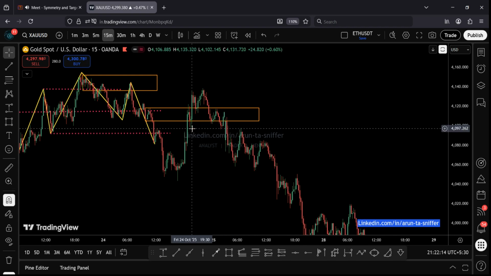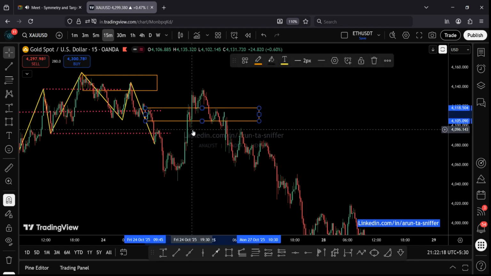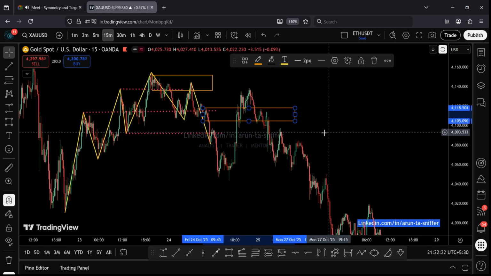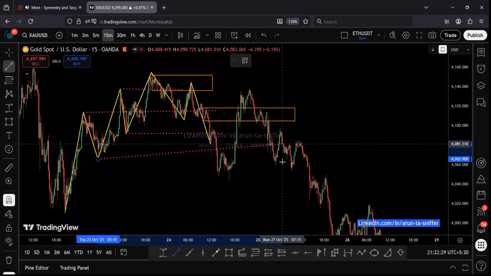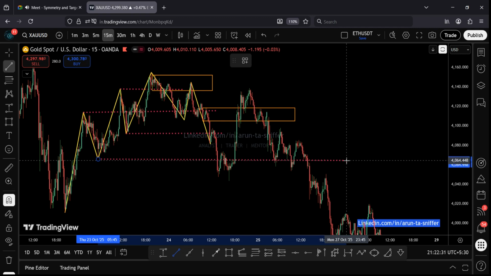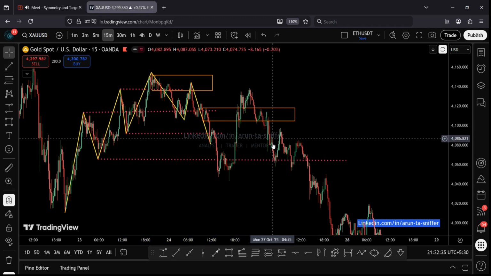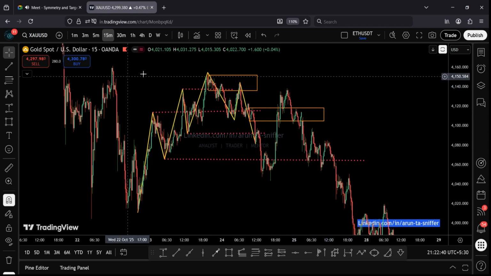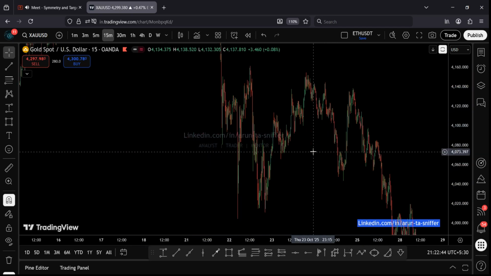This one broke this LSK to the upside, and then price came back and broke this low. Price goes up and comes down. What will be the minimum safest target? This one. So if you are entering here, the safest target will be here. Let's delete this and find another example.